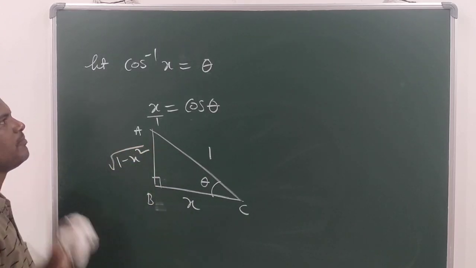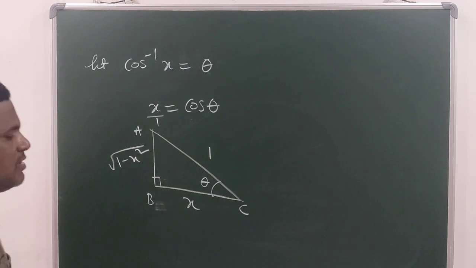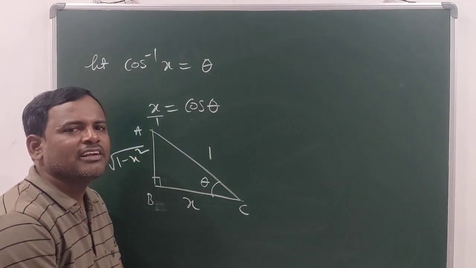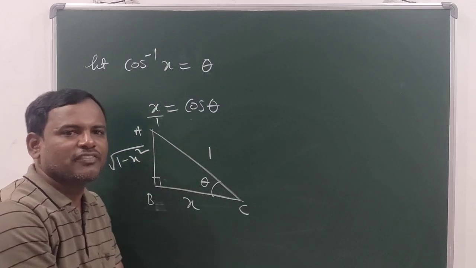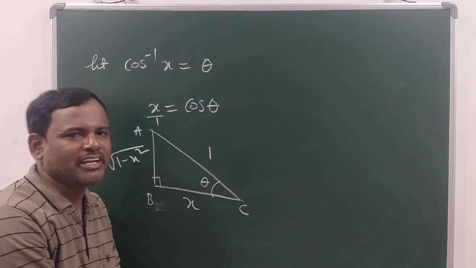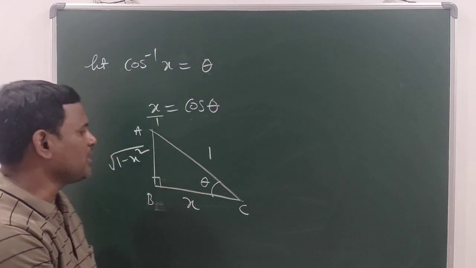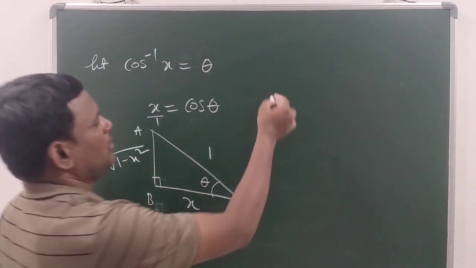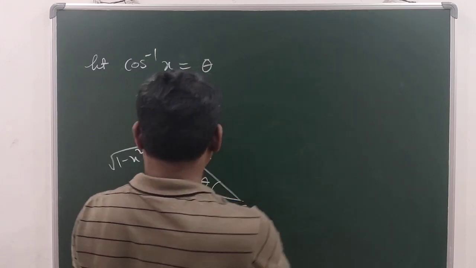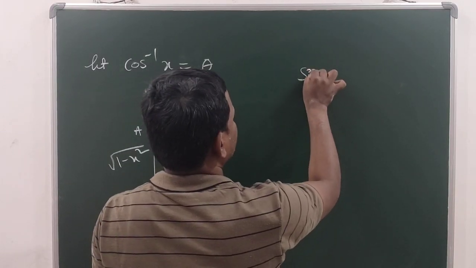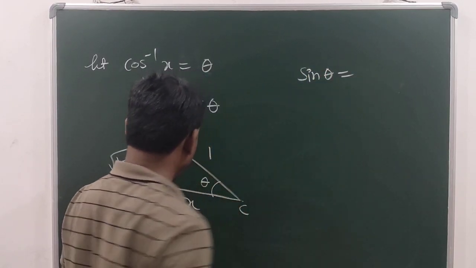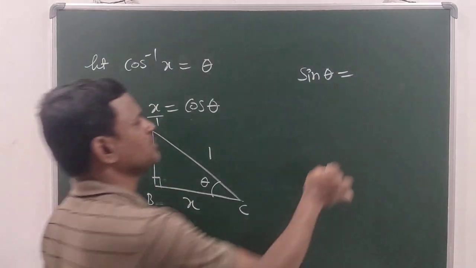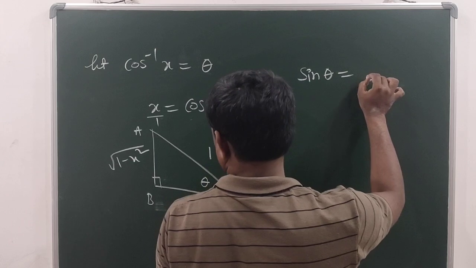Okay students. Now actually what we are doing here, we are expressing cos inverse of x in terms of sine. So in terms of sine, for that what you have to do? Define sine theta. Sine theta is equal to opposite by hypotenuse. So what do you get?